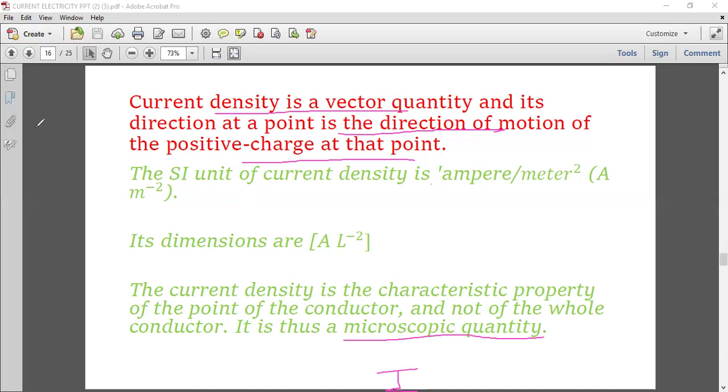Here you can see, suppose this is a conductor, and here we have taken the cross-sectional area. Cross-sectional area हमने क्या लिया?